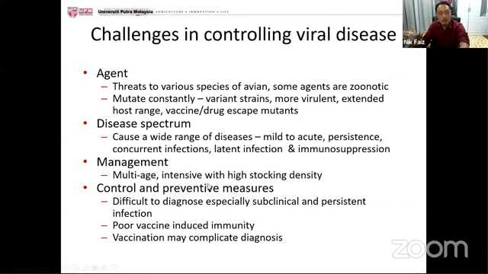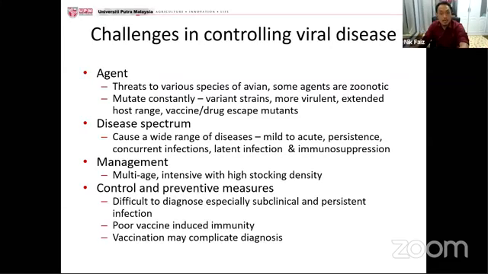If you have a multi-age farm, there is a higher tendency to keep the virus or pathogens on the farm. Intensive farming with high stocking density will increase the transmission rate of a disease or virus on the farm. For control and preventive measures, it is quite difficult to diagnose, especially those that are subclinical and with persistent infection.